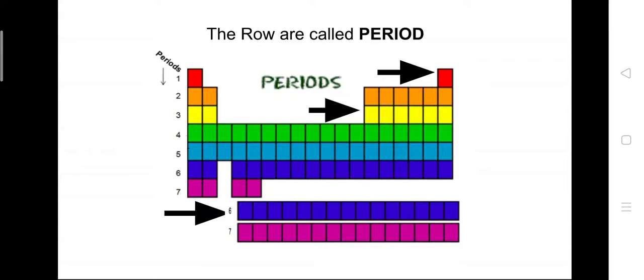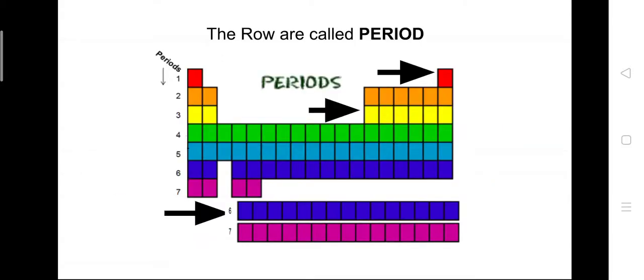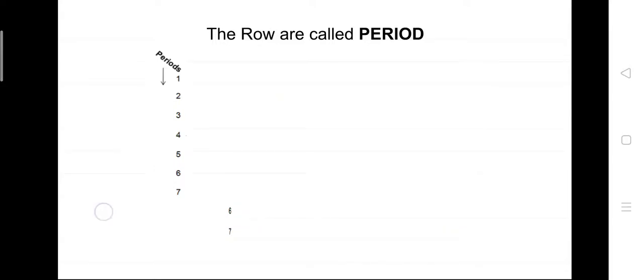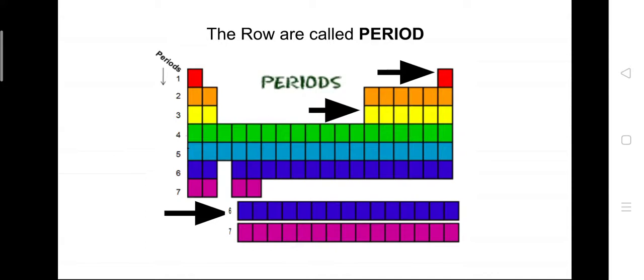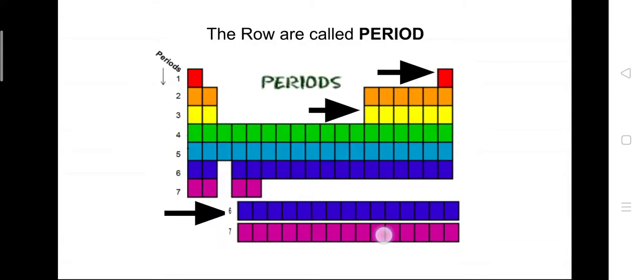If you notice the two groups down here, they are actually periods 6 and 7. Period 6 starts from here to here, and period 7 is from here to here.